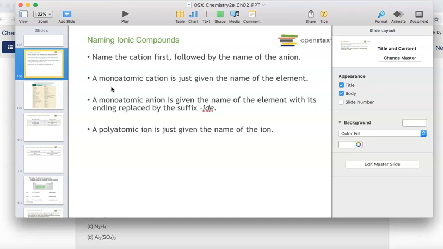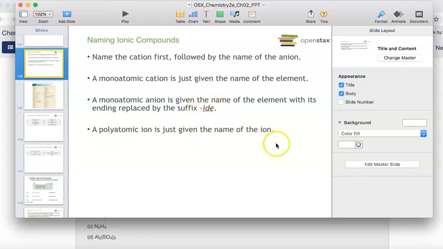For example, calcium plus 2 would just be called a calcium ion. If it's a binary compound, the cation's name is just the element's name, and for the anion's name you trim off the ending of the element's name and replace it with the suffix -ide. We did some of these on Wednesday night.